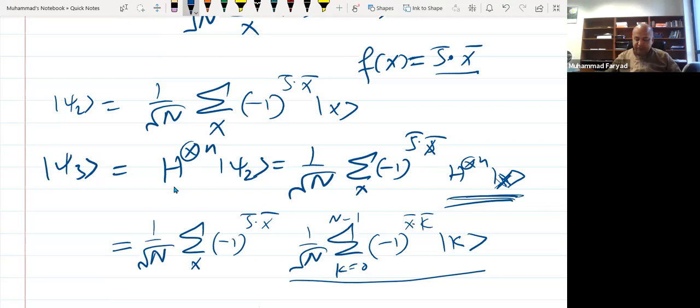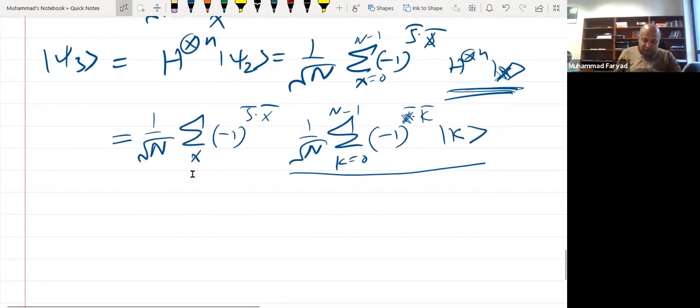This x could be the 0 state, because this is a sum over x where x is going from 0 to n minus 1. So x could be 0, 1, 2, 3, and so on. Each of its transforms is given by this, and this transform depends on x because x·k appears in the power of minus 1. But this is another sum over k.